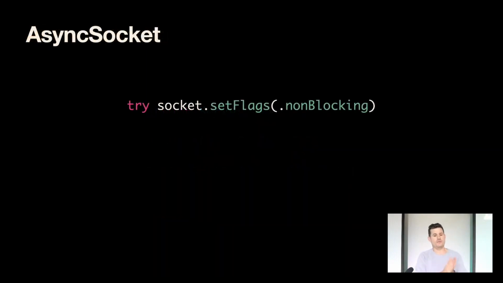And the first thing you do, because by default sockets and file descriptors, they all block by default. So the first thing you do is set an option. So this is the high-level API that FlyingSocks gives you, but this maps to a low-level system call. And you can set that socket to go into non-blocking mode.